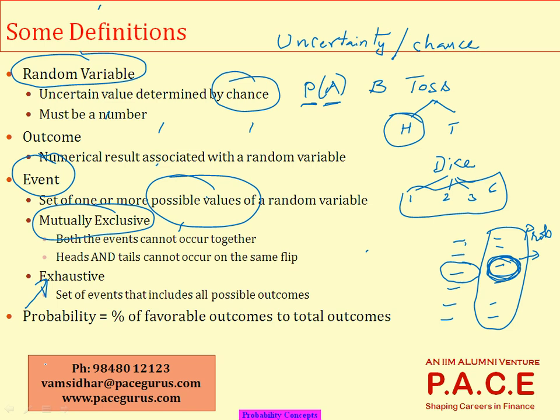And whenever we talk about probability, as I have already said, it is similar to relative frequency in statistics. The formal definition of probability is the favorable outcomes, whatever we want to track, as a percentage of the total number of outcomes.